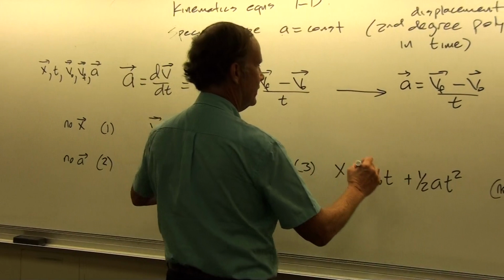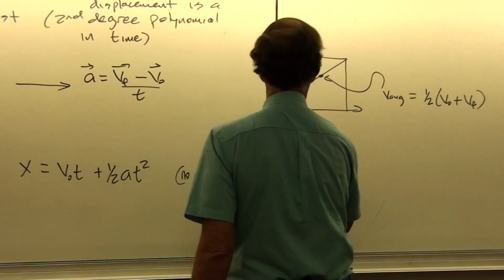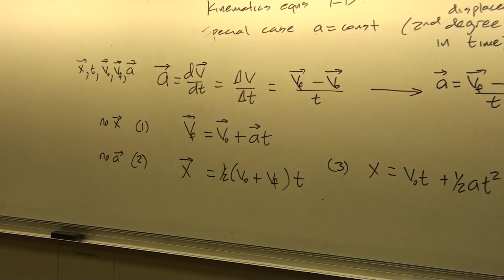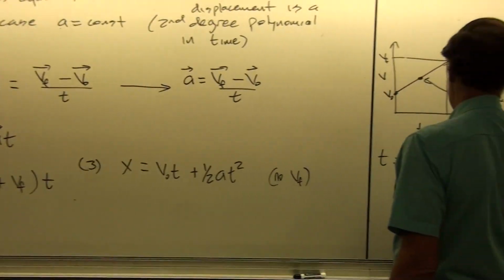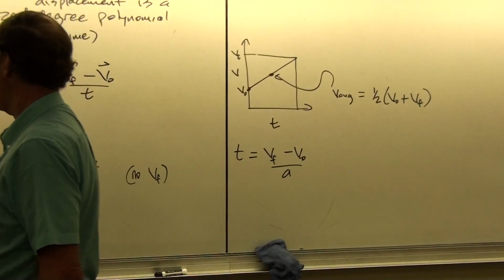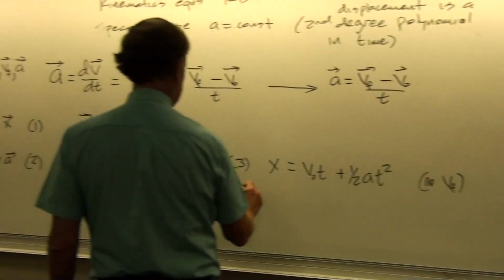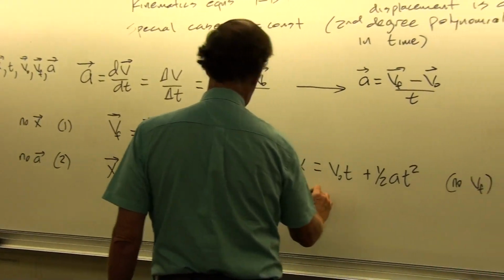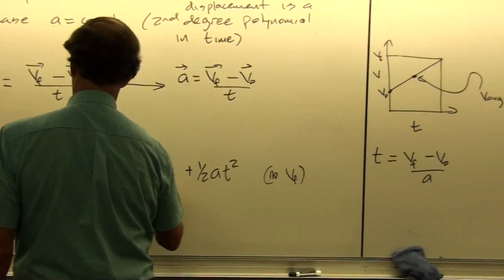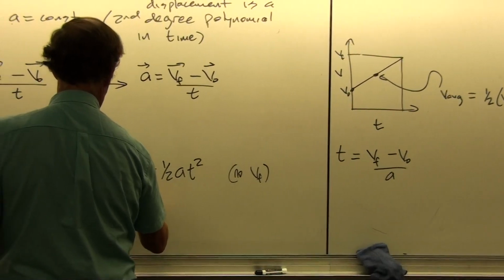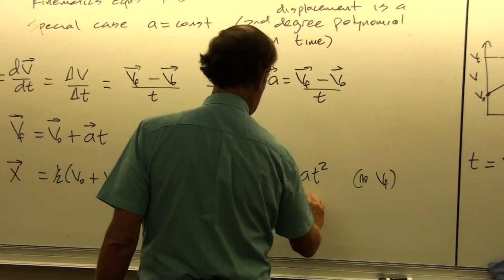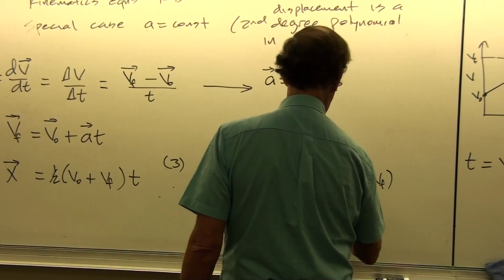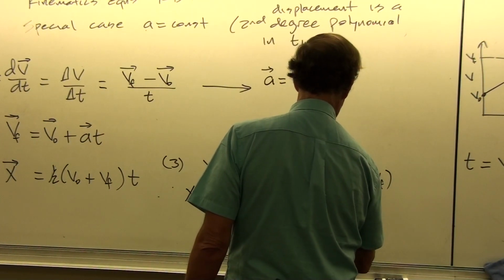The time from equation 1 is just v final minus v initial over a, and then plug that into equation 2 for the time. So that'll give me x equals 1/2 times v0 plus v final times the time, which is v final minus v initial over a.